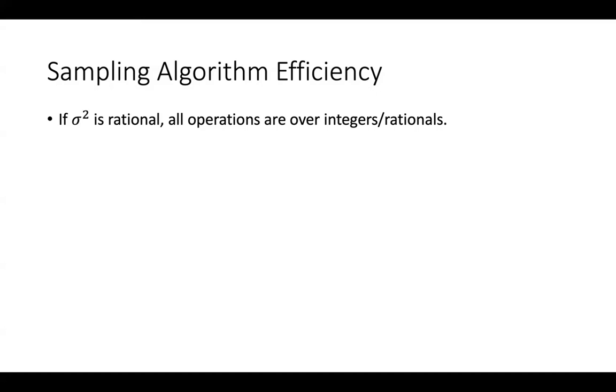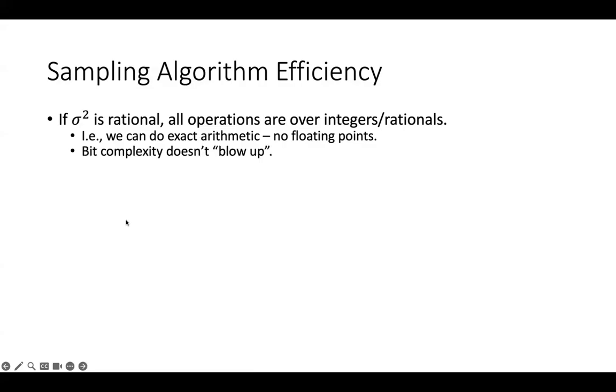So we don't have to use floating point numbers at all. And that is great. That means we don't have to worry about floating point errors causing us privacy problems. And if you look through it, there isn't any sense in which the complexity of the numbers blows up in a bad way. So there's no hidden issues here.